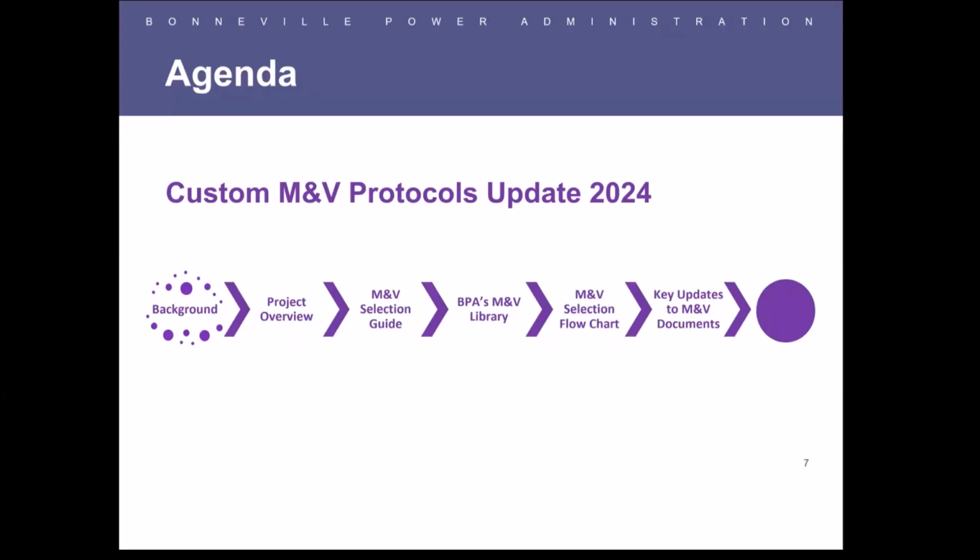We're going to go through the updated M&V selection flowchart that was modified as a part of this project. And then we'll spend the rest of the time going through the individual changes that were made to the M&V documents.